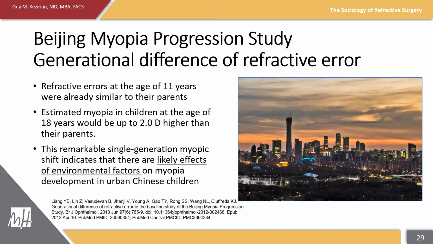And from that, they found an increased prevalence of myopia in the current generation, such that the predicted average amount of myopia is at least 2 diopters higher than it was in their parents. The remarkable single generation myopic shift indicates there are likely effects of environmental factors on myopia development in urban Chinese children.